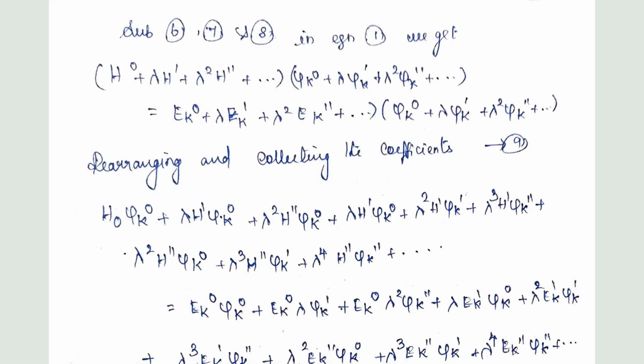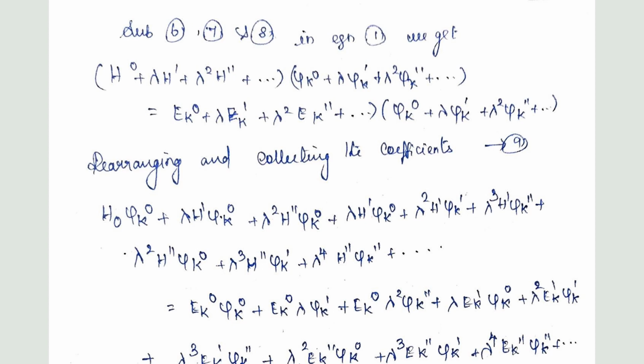Now substituting the values of eigenvalue, eigenfunction and Hamiltonian in the general Hamiltonian equation, it becomes H psi is equal to E psi. Here H naught plus lambda H dash plus lambda square H double dash into psi k naught plus lambda psi k dash plus lambda square psi k double dash is equal to E psi.